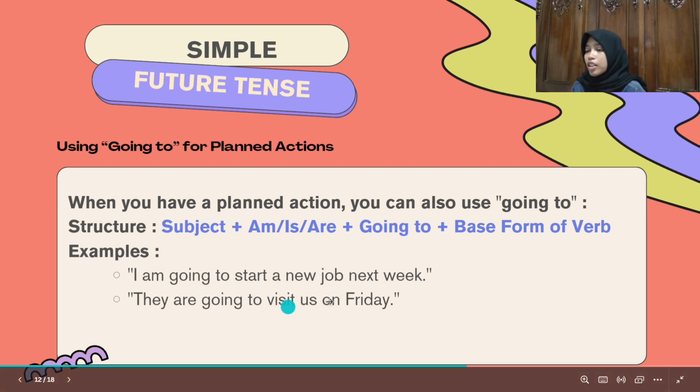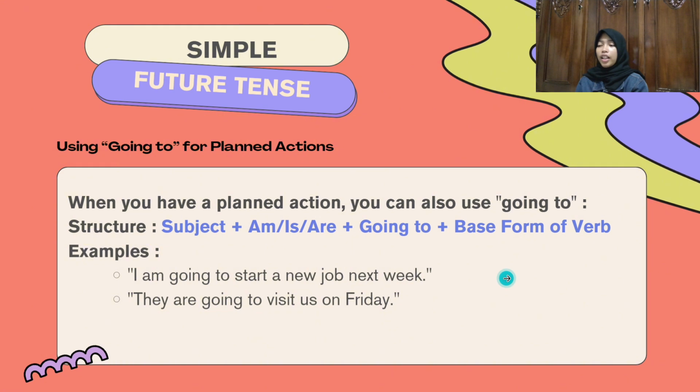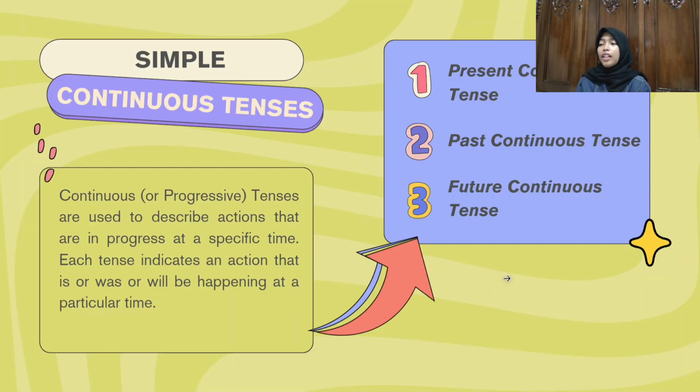Okay, next, the last material of tenses in this video is simple continuous tense. What is continuous? Continuous or progressive tenses are used to describe actions that are in progress at a specific time.